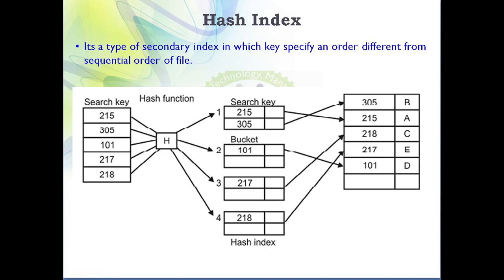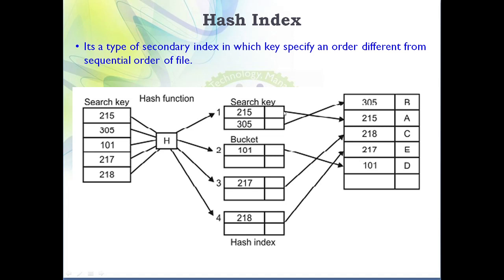So hash index is a fusion of indexing with the hashing concept. In hashing no index file is created, but in hash index we create a hash index file which stores the address of the record where the actual data is present. With the help of the hash function we map the search key to the hash index, where we store the search key as well as the pointer.